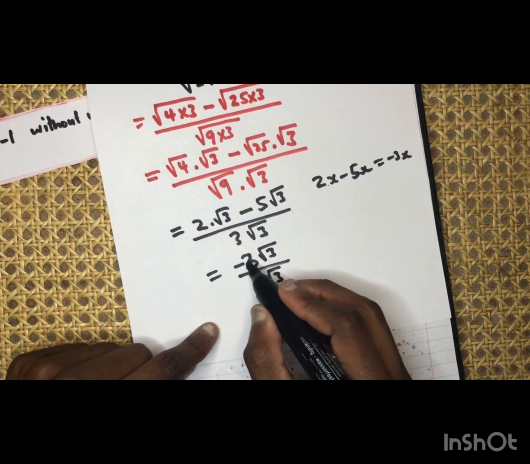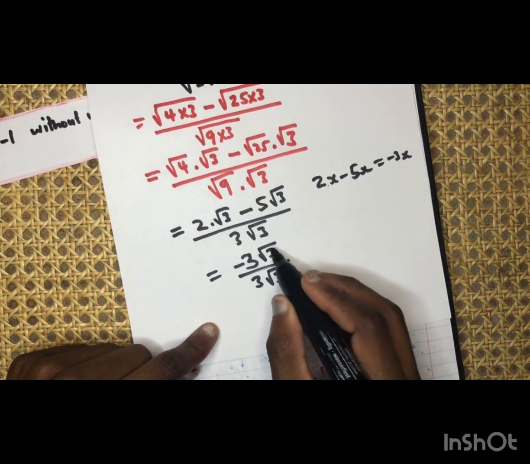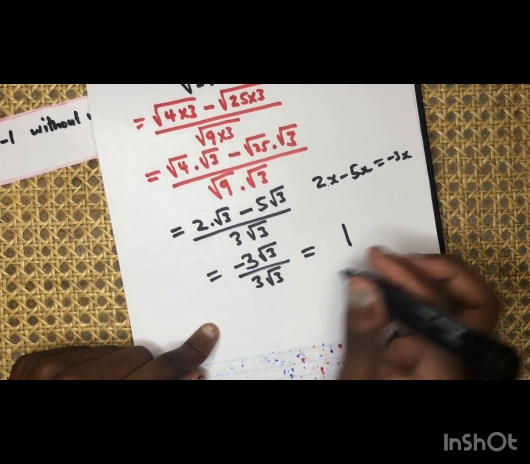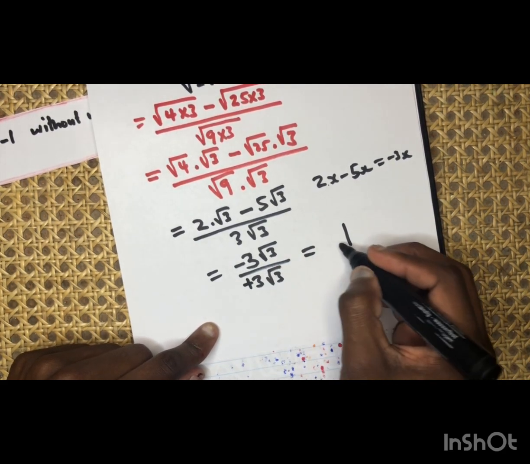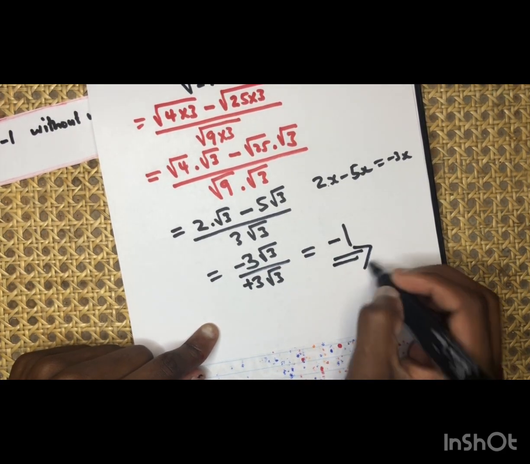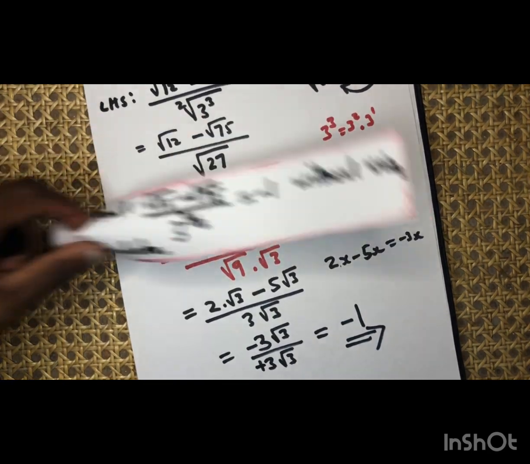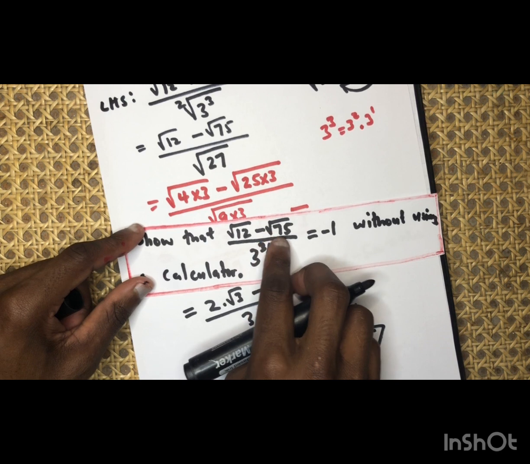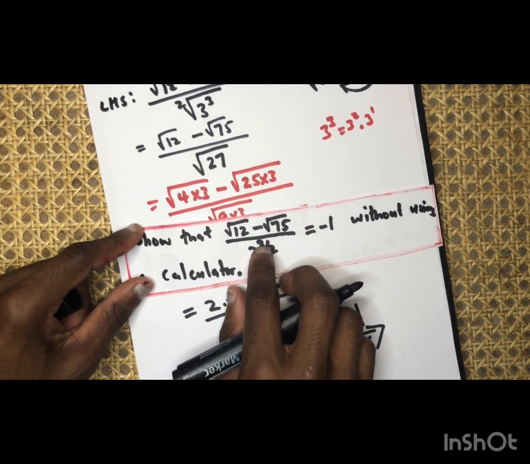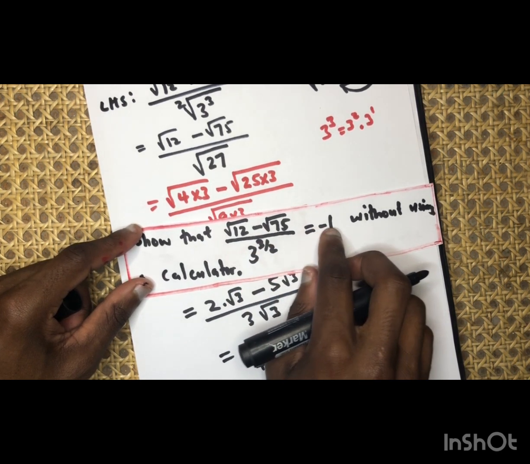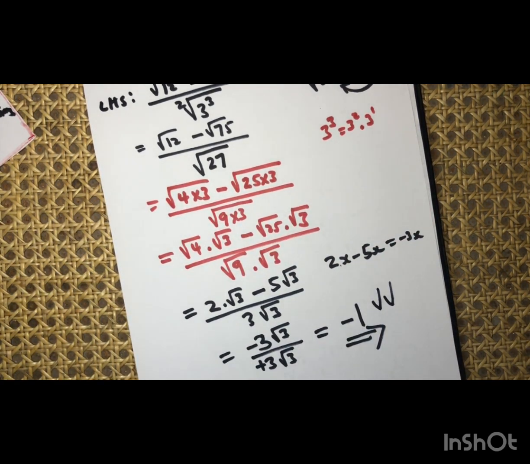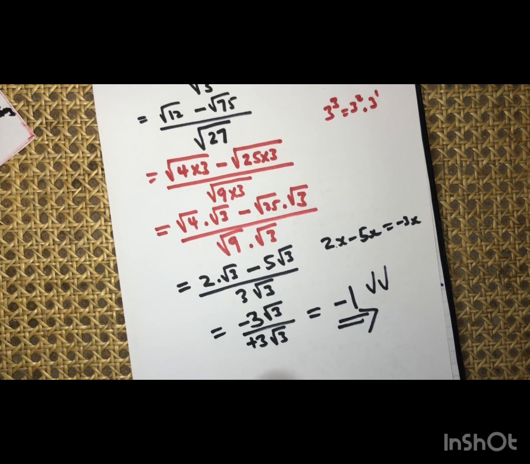Can you see that, guys? 3 root 3 divided by 3 root 3 will give us 1, but we have negative here. Negative divided by positive will give us negative, which is the final answer, because they were saying show that root 12 minus root 75 over 3 to the power 3 over 2 equals negative 1. So this is what we got here. So now we can conclude that this is equal to this one.